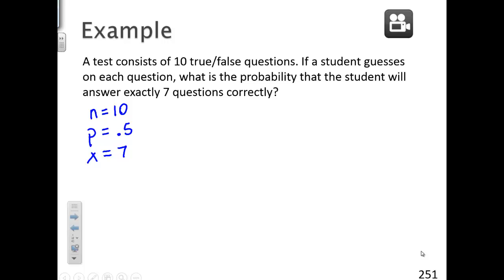Now, how I'm going to write this, when I write it on the screen, I'm going to write the probability of exactly 7 is equal to, and I'm going to tell you what I'm doing on the calculator. I'm going to use the binomial PDF function, and I'm going to enter my number of trials, my probability value, and my x value.